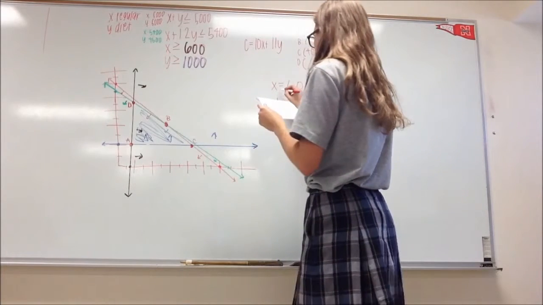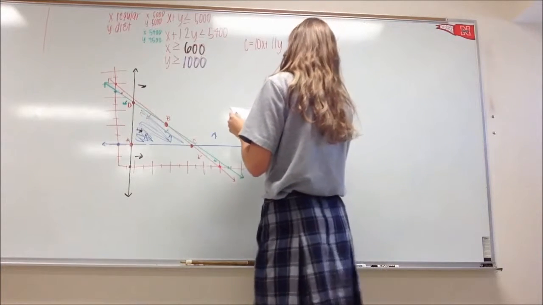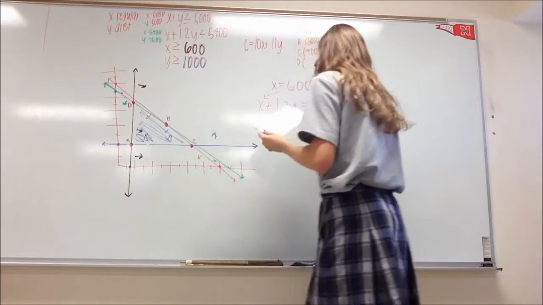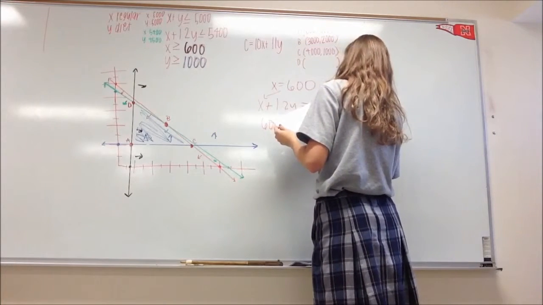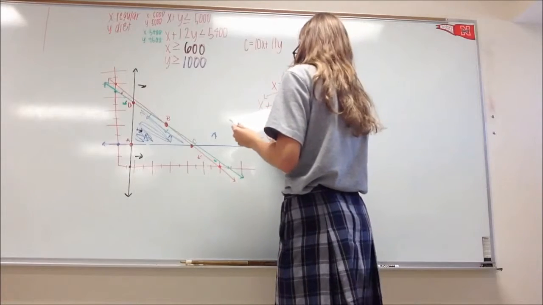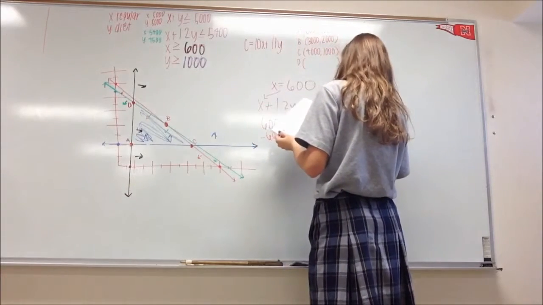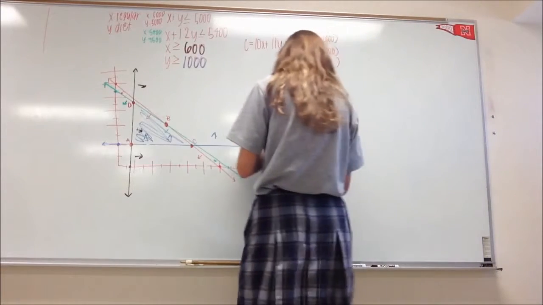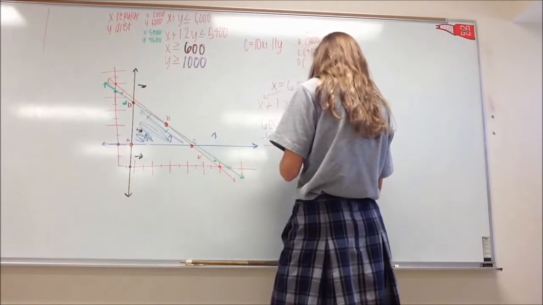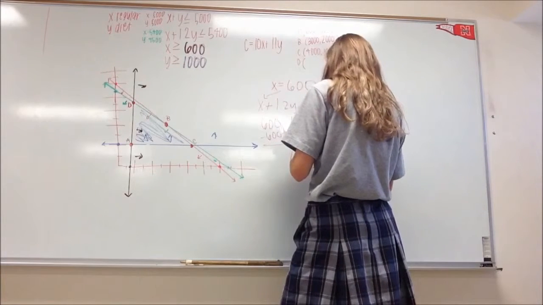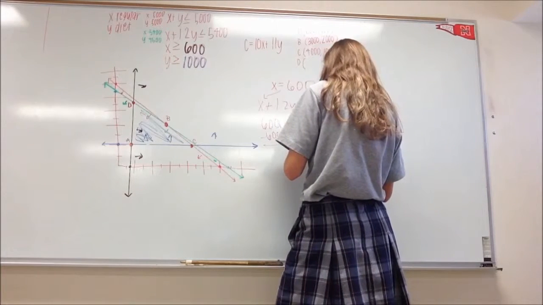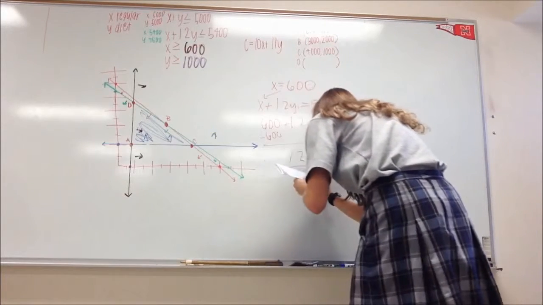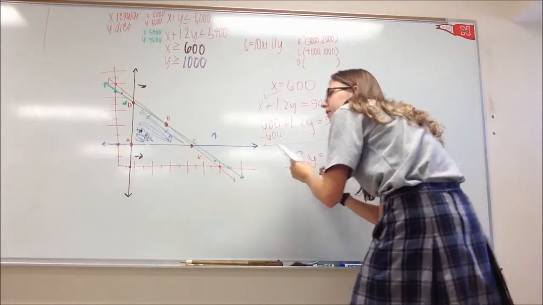And then you plug in x right here, so that gives you 600 plus 1.2y equals 5,400. And then you subtract the 600. You get 1.2y equals 4,800, and then divide by 1.2.